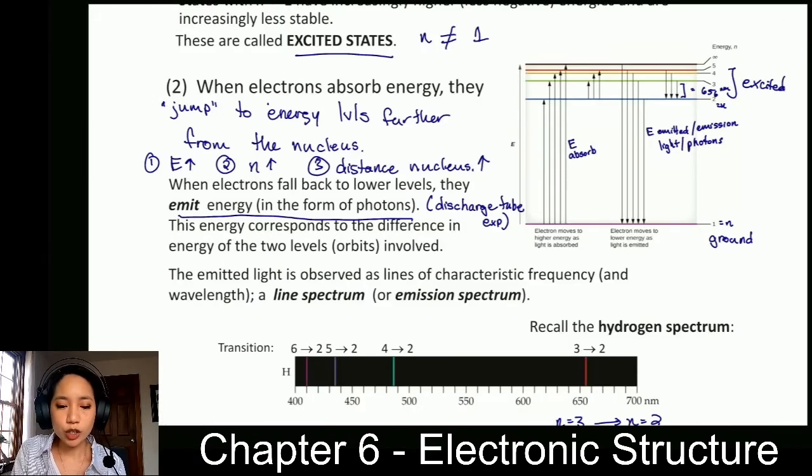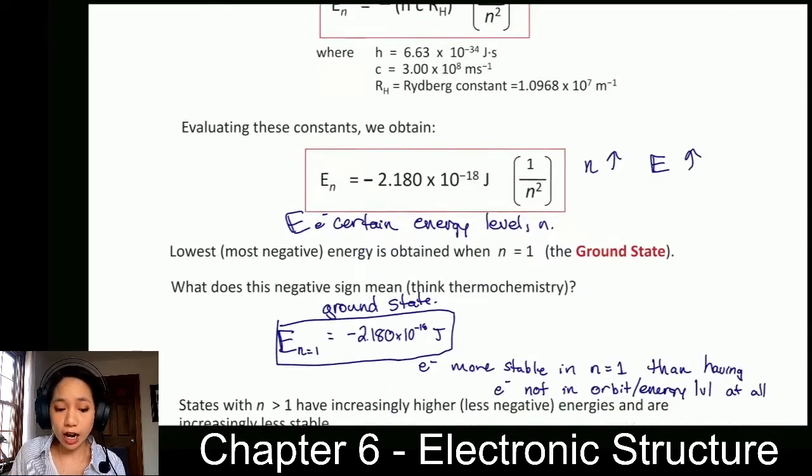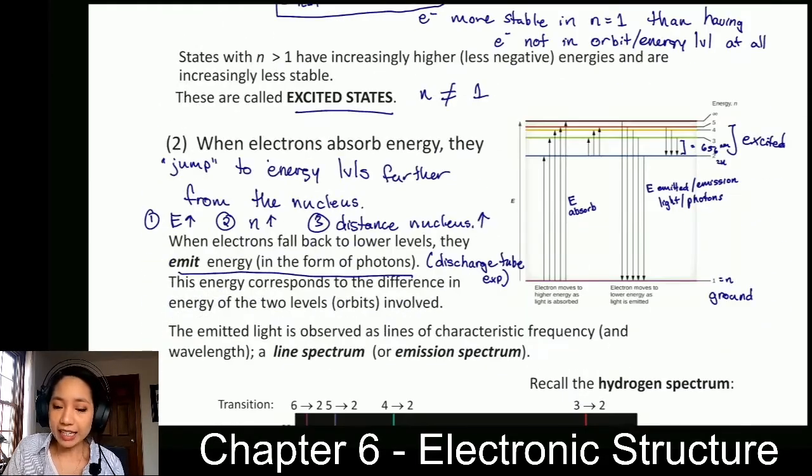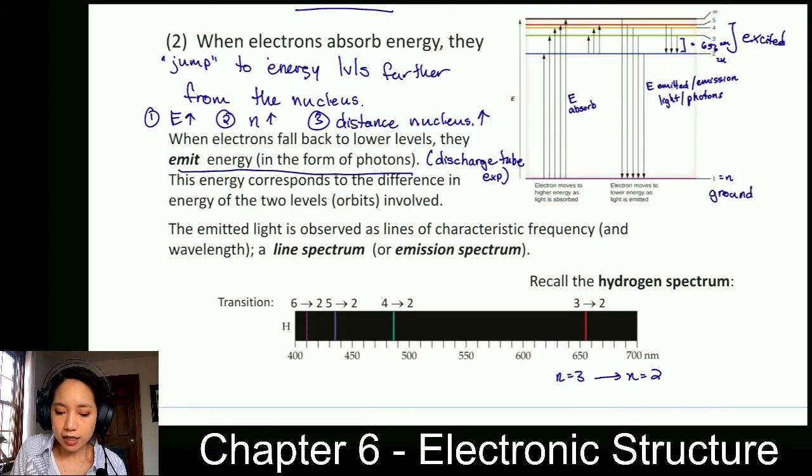All right, so what we should gather from this slide is that each one of these n energy levels corresponds to a certain energy that we can calculate with this equation. And it's the difference in energy between these lines that corresponds to each one of these different lines on the line spectra of the hydrogen atom, is the falling of one of these electrons between these energy levels.